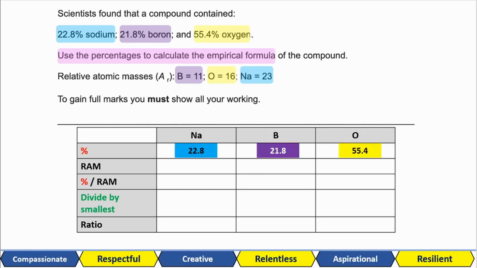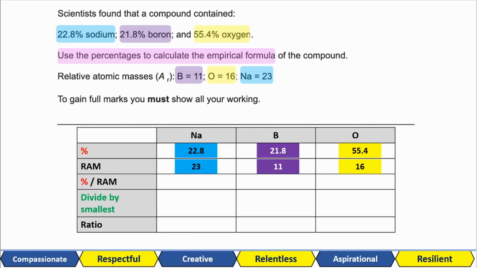First, let's fill out our percentages. Look at where I got these from the question: 22.8% sodium, 21.8% boron, and 55.4% oxygen. Then I write down the RAMs. The next step, as you can see, we have to divide the percentages by the RAMs. And what does that give us?